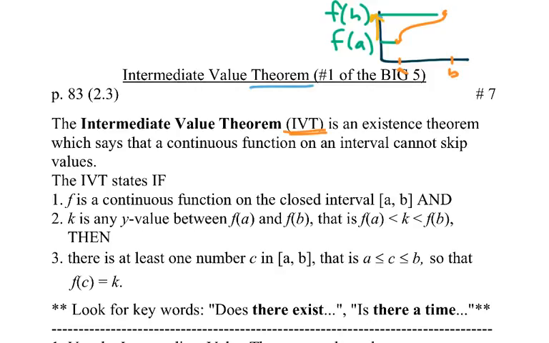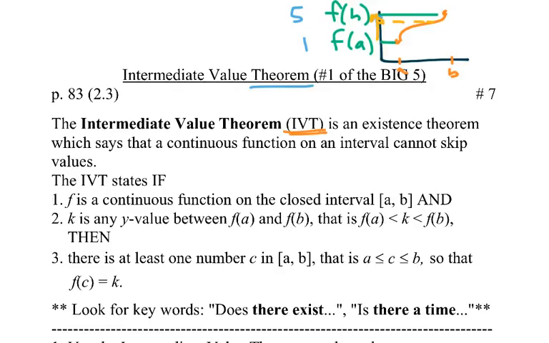So let's pick some values so that this makes a little bit more sense. Let's say f of A is 1, and let's say f of B is 5. So I can pick any value between 1 and 5. Let's say we pick 4. 4 is right here. And so for some Y value, we picked 4, but you could pick something else.